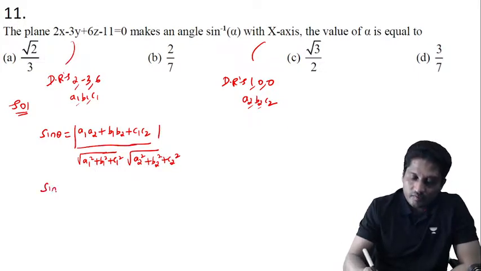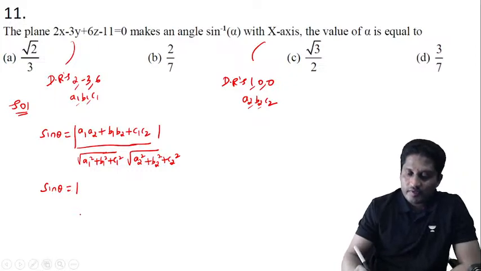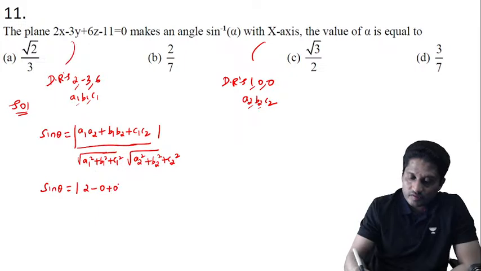Now sin is equal to modulus of A1 into A2 is 2, B1 into B2 is 0, C1 into C2 is 0 by root of 4 plus 9 plus 36 and then root of 1 plus 0 plus 0. This will be equal to 2 by 7.